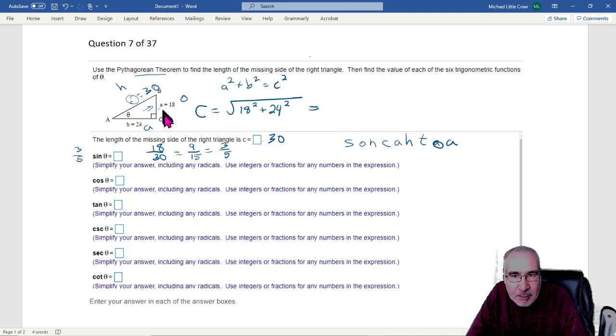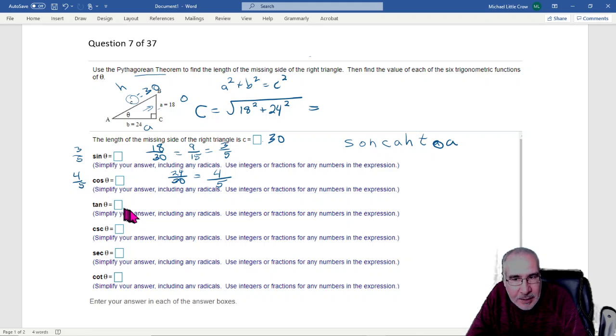That's what we want to put in for sine. Cosine is going to be 24, the adjacent over hypotenuse, so 24 over 30. 6 goes into both of those. 6 goes into 24 4 times. 6 goes into 30 5 times. So 4/5.